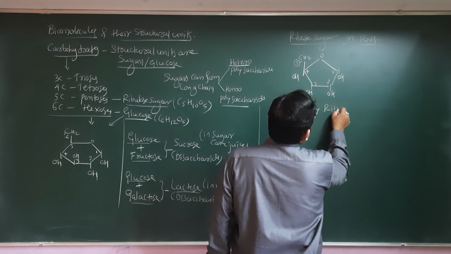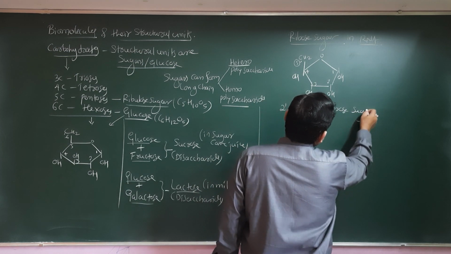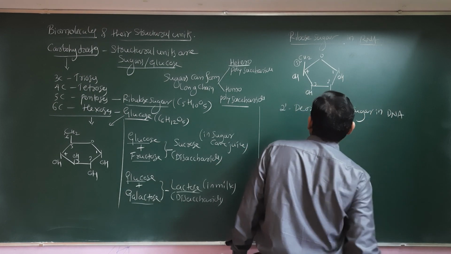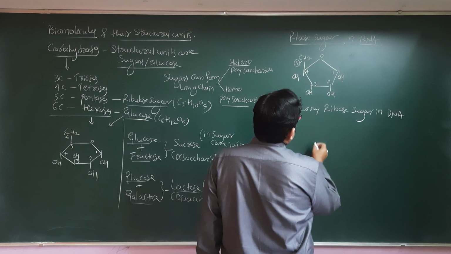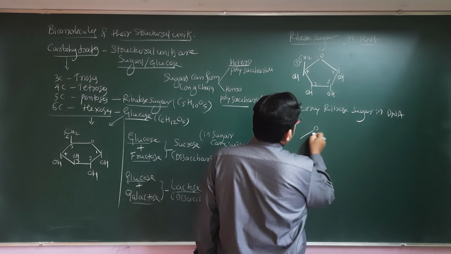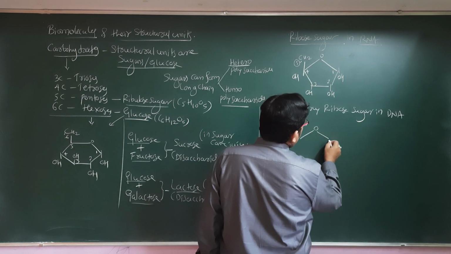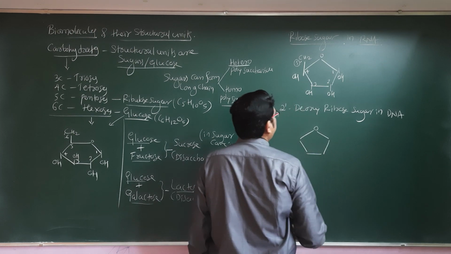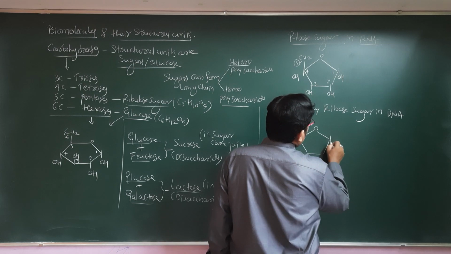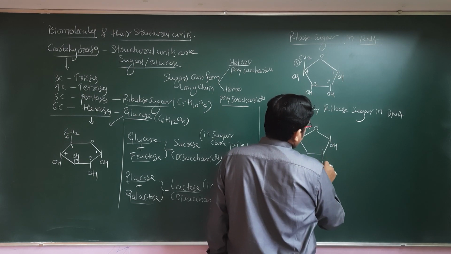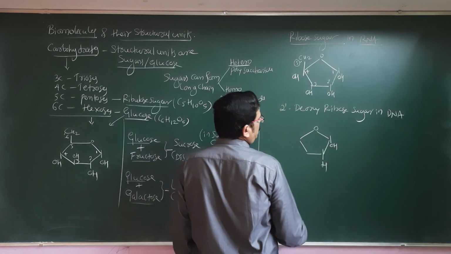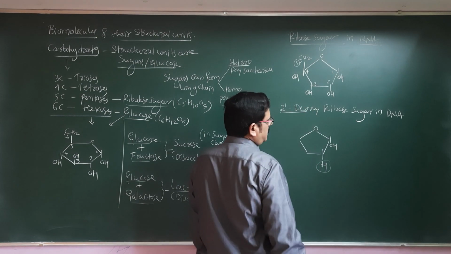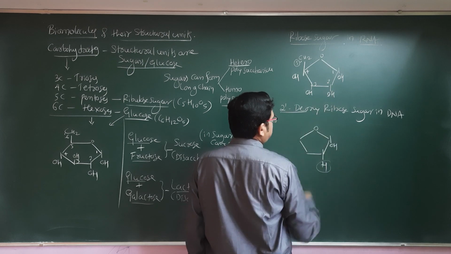Then there is 2-deoxyribose sugar in the DNA. What is the structure? There is a terminal oxygen, and then the first carbon, second, third, fourth, and fifth, like this. Here it is OH, here it is only H. Oxygen is removed, which is why it is called 2-deoxy, meaning at the second position oxygen is removed.